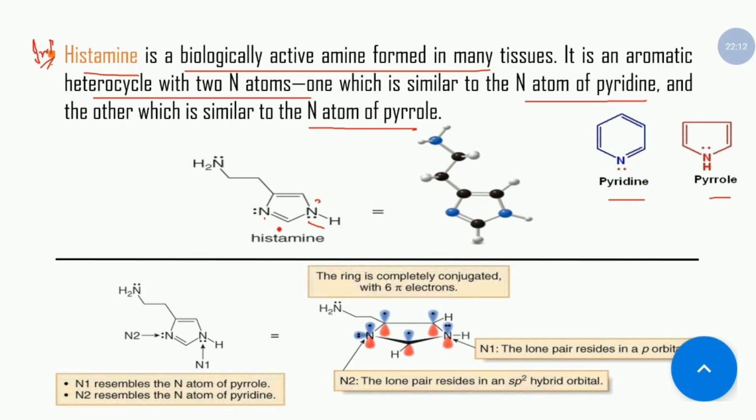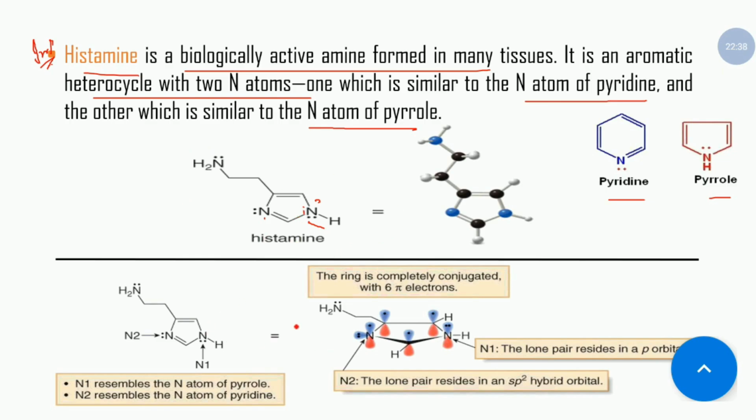Here the nitrogen carries the double bond, or you can say the pi bond, and in pyrrole there is an N-H, which is not attached to a double bond, or you can say a pi bond. And this lone pair participates in the conjugation process. So you can also draw this lone pair inside your structure. So this is all about histamine.